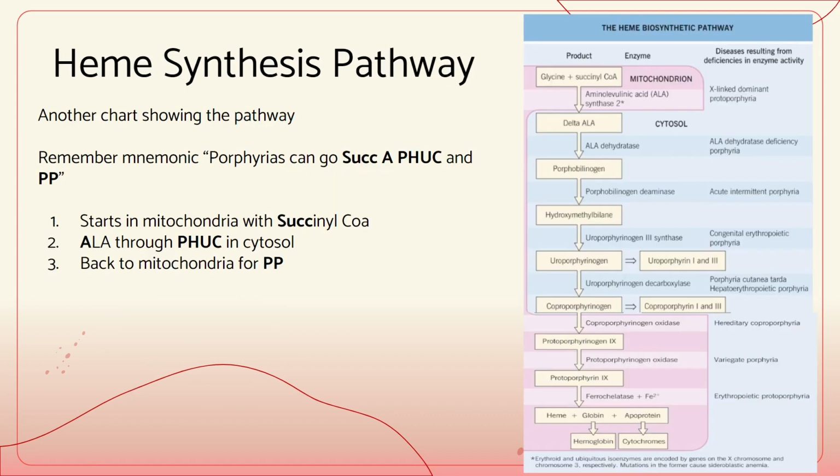Using that mnemonic, we can use the key parts to isolate which of these subunits are in the mitochondria and which are in the cytosol, or at least the products thereof. So the succinyl-CoA is mitochondria; that's the first part of the mnemonic. And then the last part of the mnemonic is the PP part, the two P's at the end, which end with the Roman numeral 9.